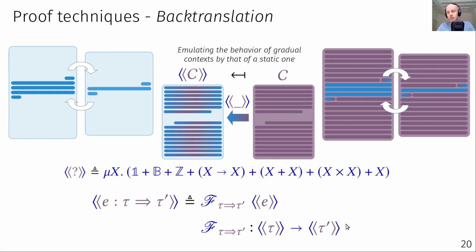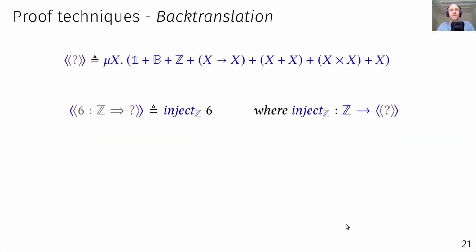So let's just look at some very simple examples of this. If we have 6, if you cast it up from Z to the unknown, we're going to backtranslate this to a function that we'll call inject Z applied to 6. So inject Z will take an integer, and basically it will inject it into the right branch of this recursive type.